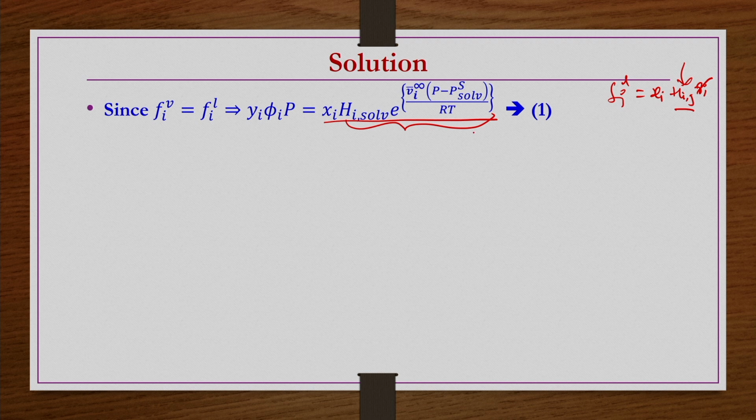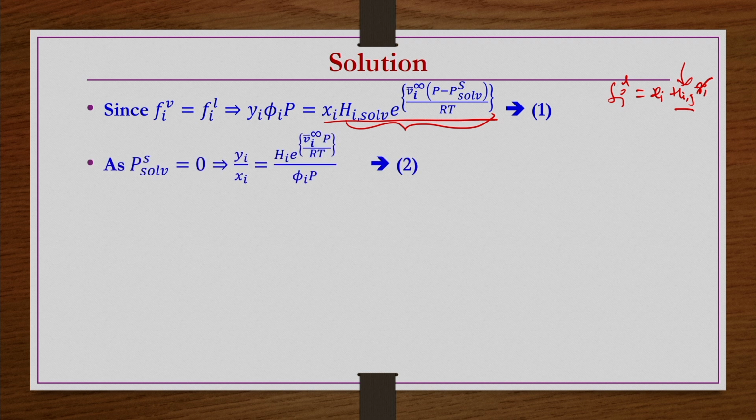Gamma iL we are taking as 1, we are not taking any non-ideality in the liquid phase, because we have not done anything about the non-ideality of the liquid phase till now, that we are going to start from the next lecture. These problems are more related to the fugacity of the gaseous phase at high pressure conditions.